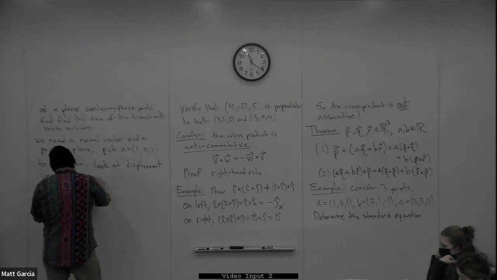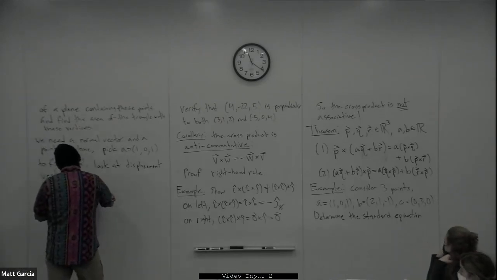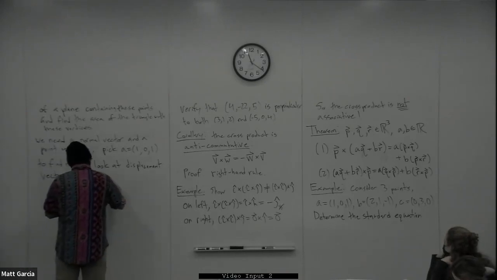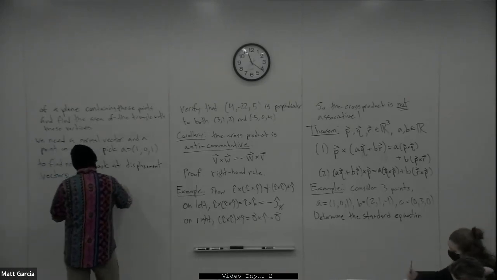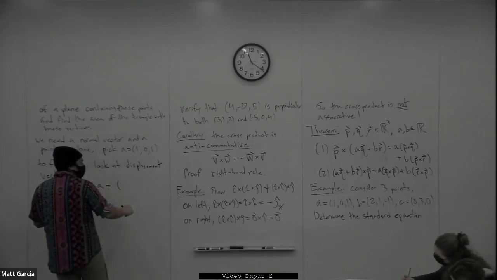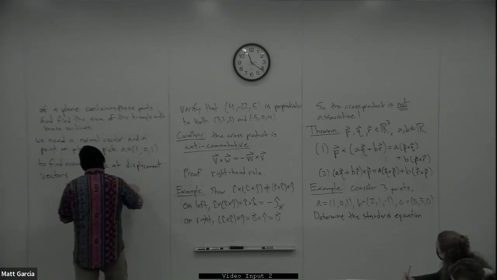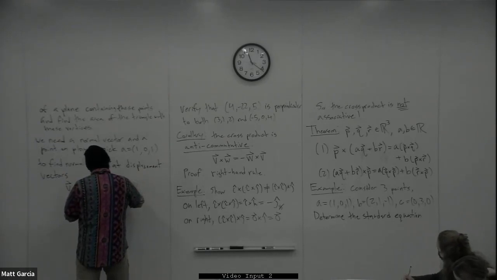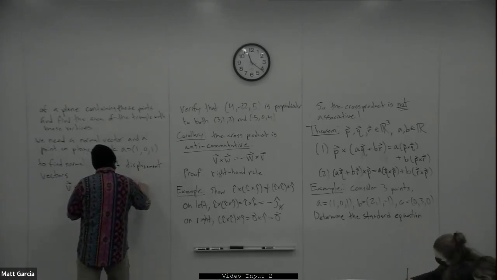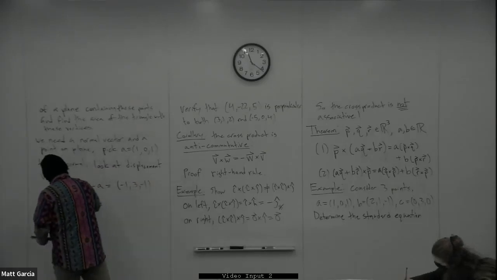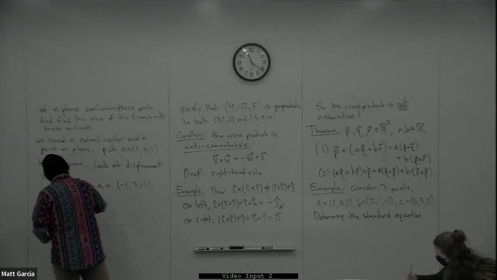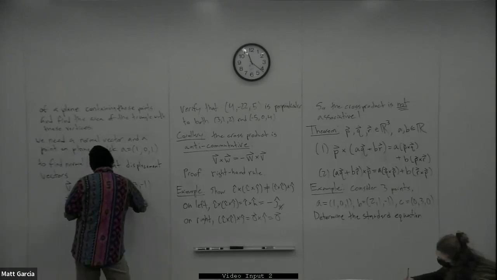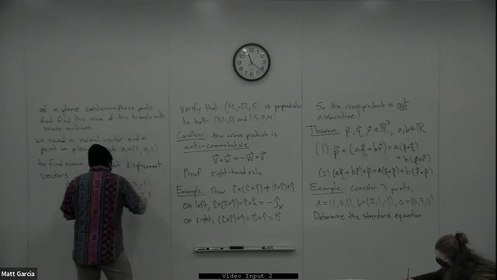So I'll take V to be the vector that goes from A to C, right? Which if I subtract the point A from the point C, what do I get? I get -1, 3, -1. And W, I'll let be the displacement vector from A to B, which if I subtract these points, what do I get? I get 1, 1, -2.